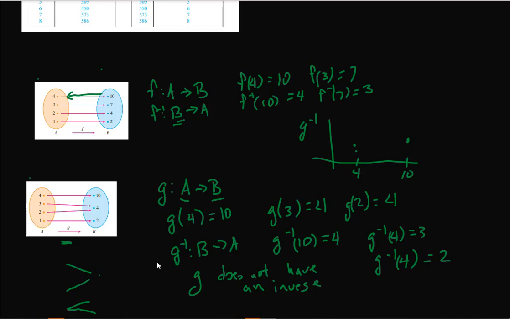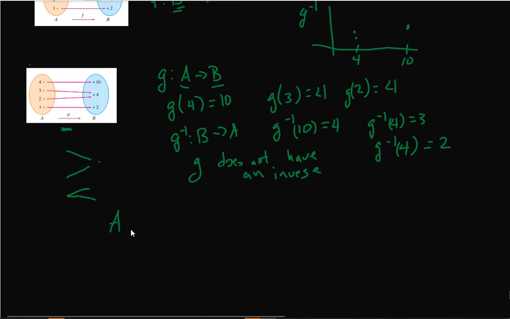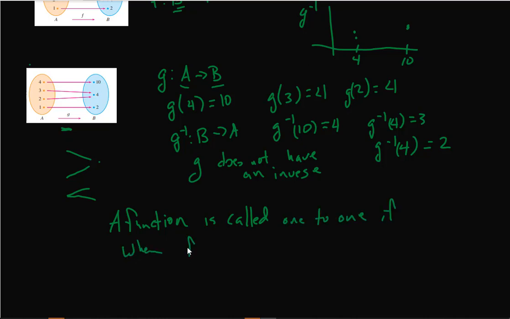Well, actually, sorry. As long as 2 things don't go to 1, we're going to give that a name. A function is called 1 to 1 if, when f of a equals f of b, that means that a must be equal to b.